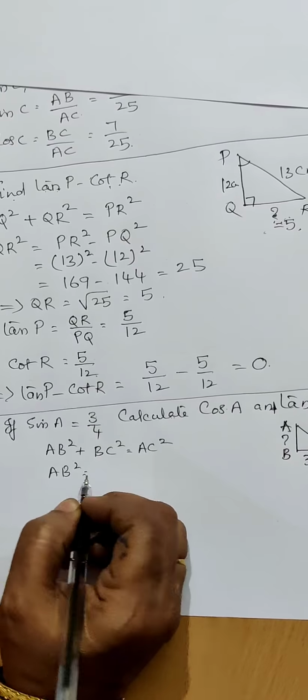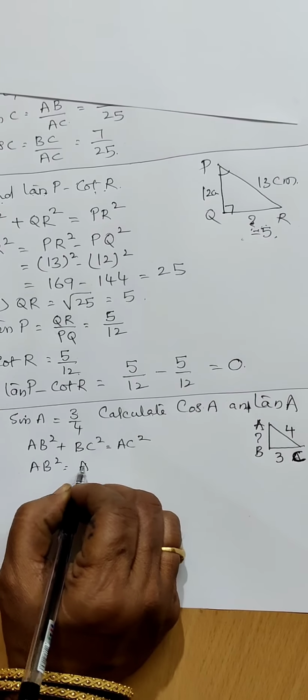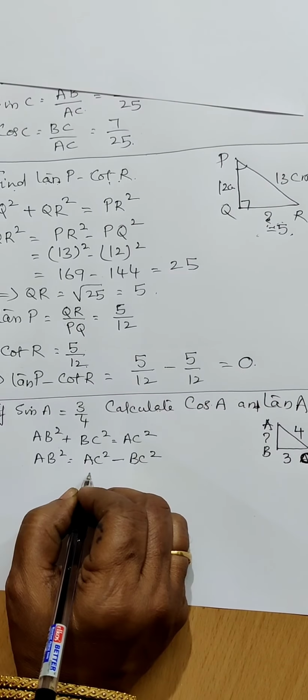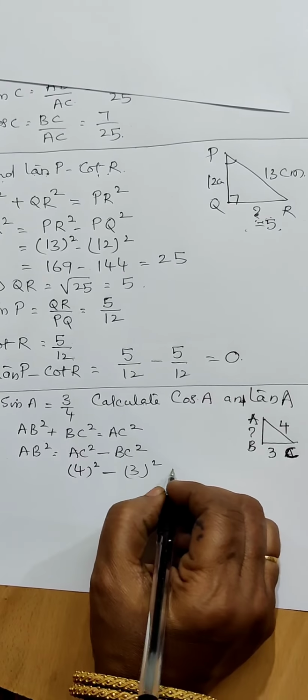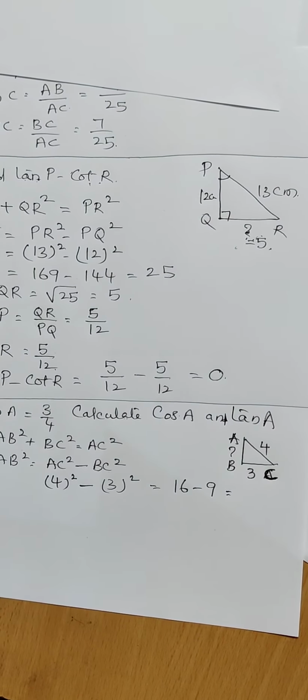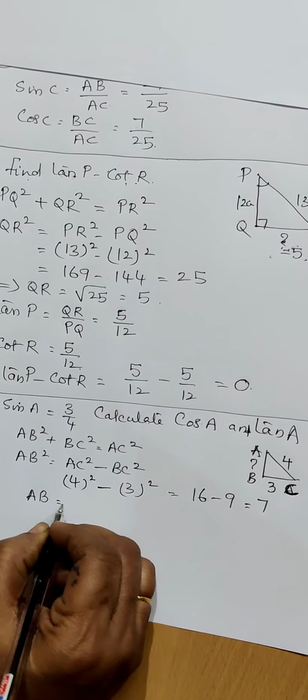AB square is equal to AC square minus BC square. AC square means 4 square minus 3 square. So 16 minus 9. What is the answer? 16 minus 9? 7. So AB is root 7.